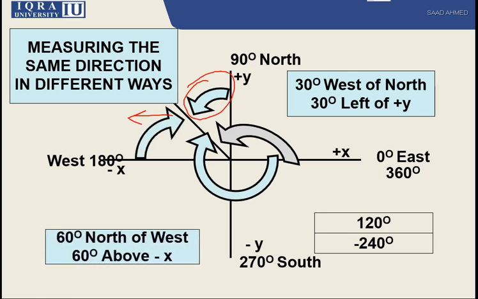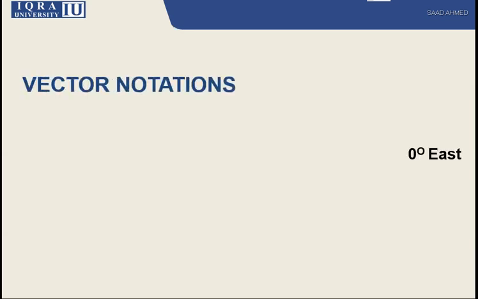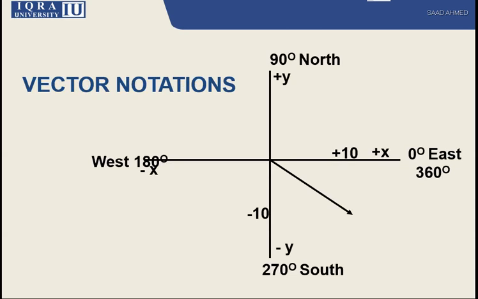North of west, or 60 degrees above x. Again, this is basically the same thing which we are representing with different notations. Anyway, vector notations.